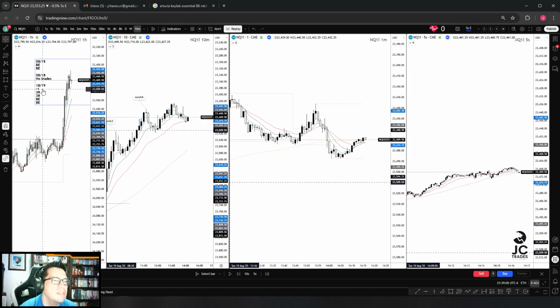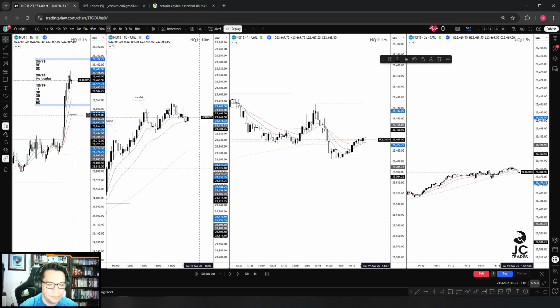I just counted here what I probably would have taken. The first 2 trades were actually trades that I took during the live session, and the other 3 were based on the price action that we just studied.